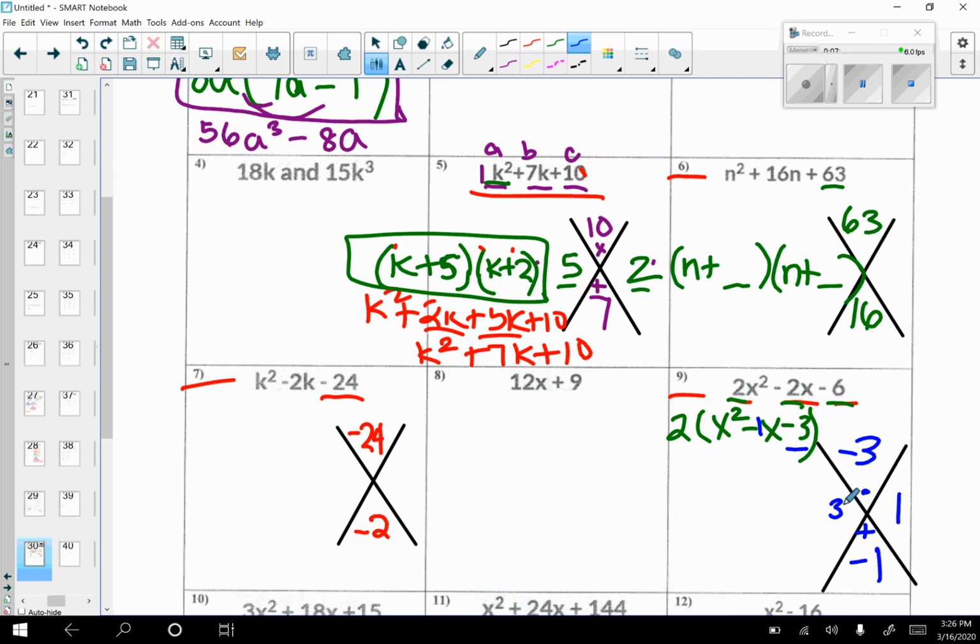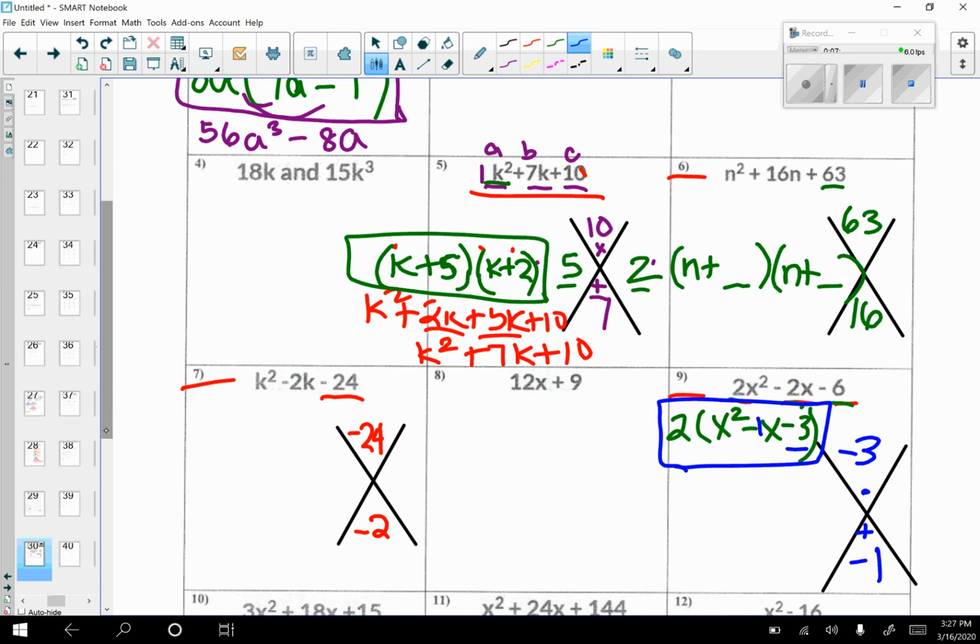Can 3 and 1, can I subtract 1? No, that won't give me, right? There's no way to do that. So if that's the case, my X method doesn't work, this is just my simplified version. It's as far as I can go for right now.